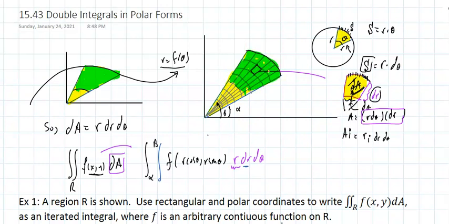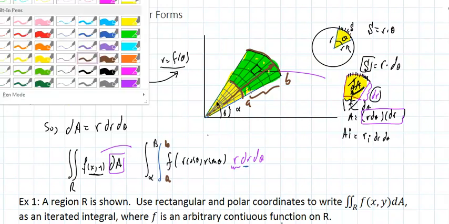But if I really take my arrow, r runs from A to B, whatever that is. And that would be my conversion. And that's pretty much all there is.